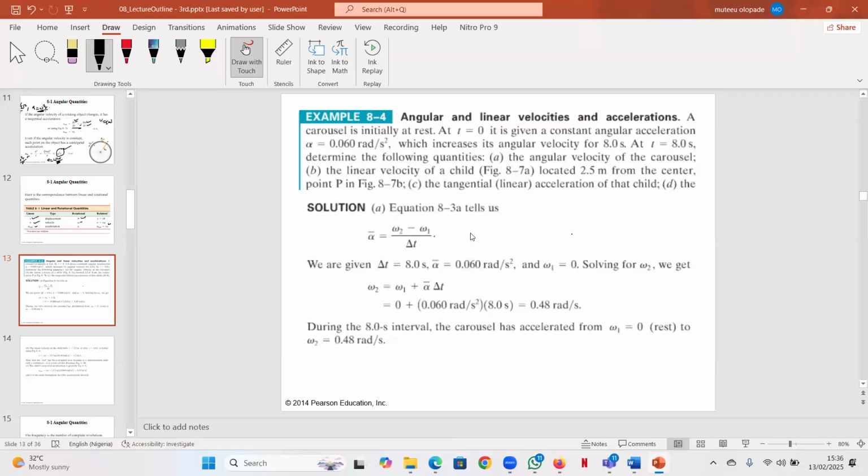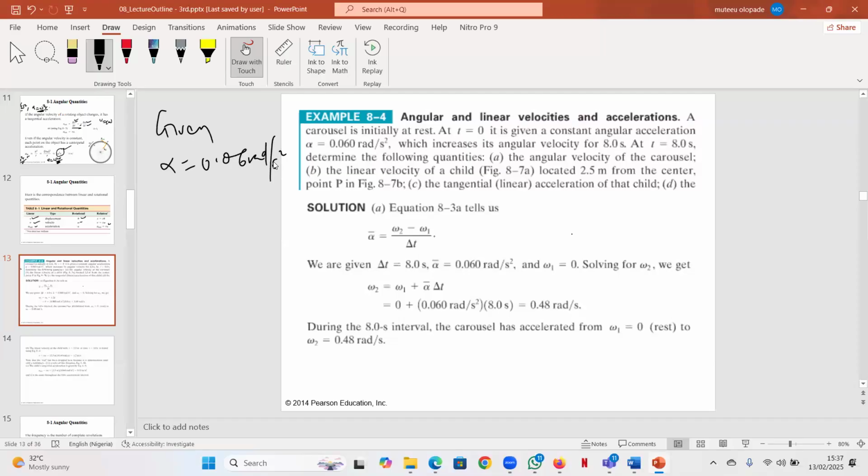At t equal to 0, it is given a constant angular acceleration, alpha, of 0.06 rad per second squared, which increases its angular velocity for 8 seconds.